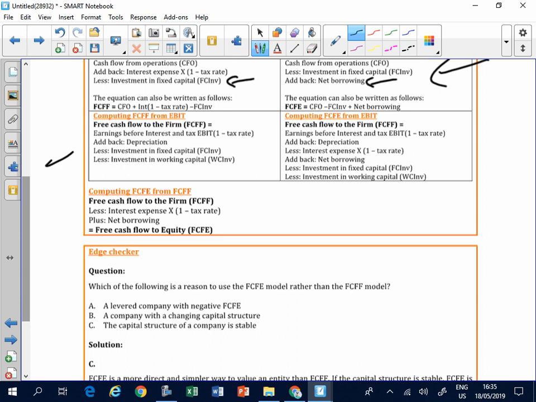Then computing it from EBIT, you're going to say EBIT times 1 minus the tax rate. That's great because what you take into account there automatically is the interest side, because the interest is already added to that. You add back the depreciation and you take off the fixed capital investment and the working capital investment.